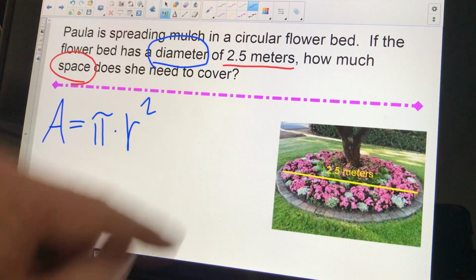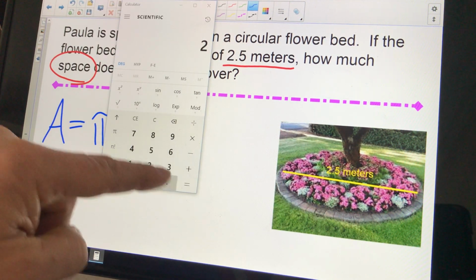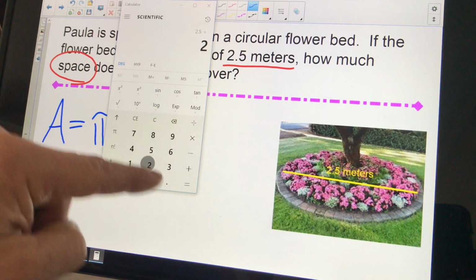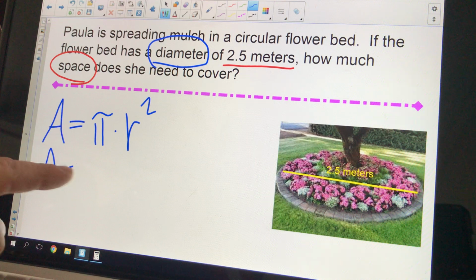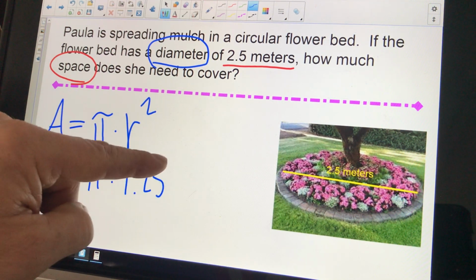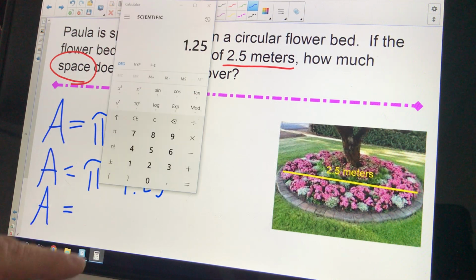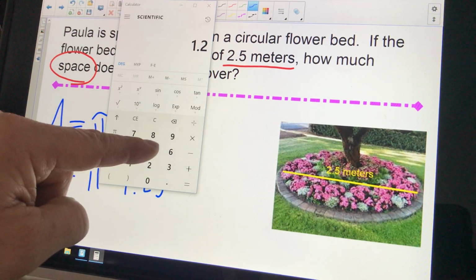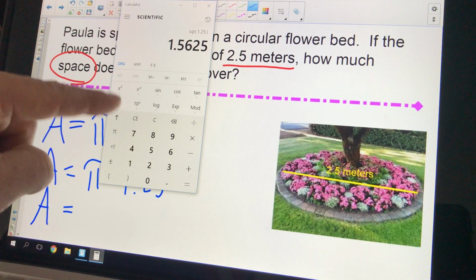Diameter is 2.5. So 2.5 divided by 2 is 1.25, okay? Area equals pi times 1.25 squared. Okay, going back to my calculator again. 1.25 squared. Oh, that was the square root.